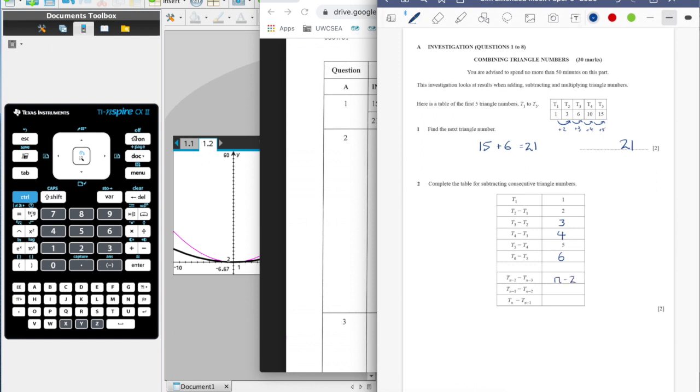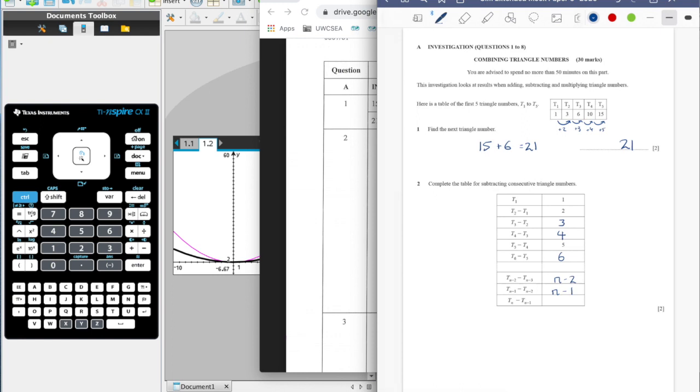Okay, let's try this again for triangle number n minus 1 and n minus 2. So if I choose to use this triangle number 6, what's happening for 5 minus 4, well, that's 5, or relative to 6, it's n minus 1.